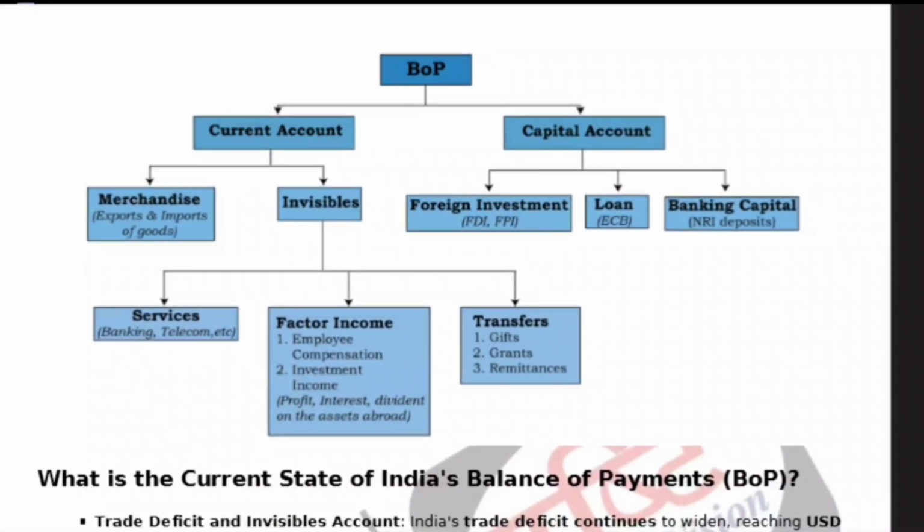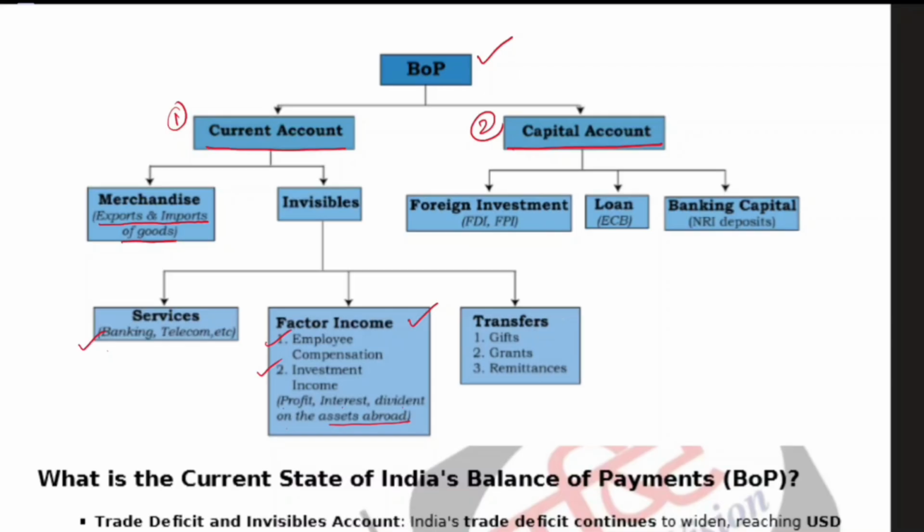This is the flow chart of balance of payment, which includes the current account and the capital account. In the current account, there are exports and imports of goods, and second, services. Then factor income such as employee compensation and investment income, that is profit, interest, and dividends on assets from abroad.